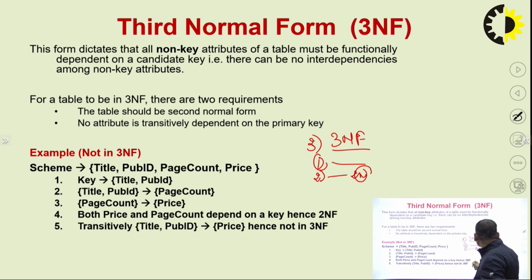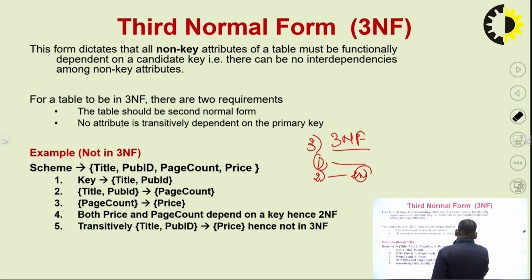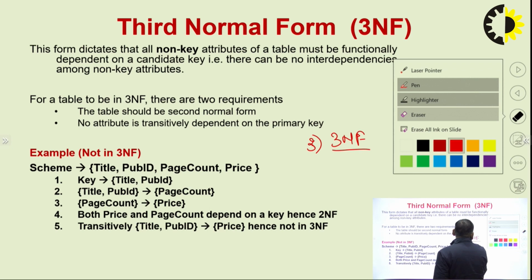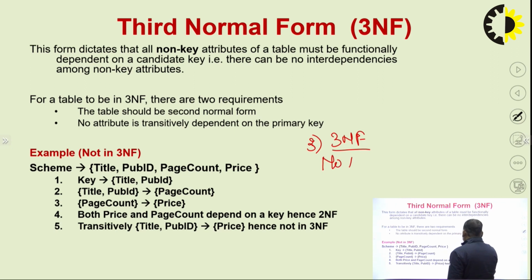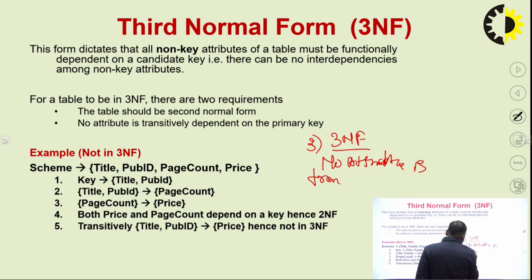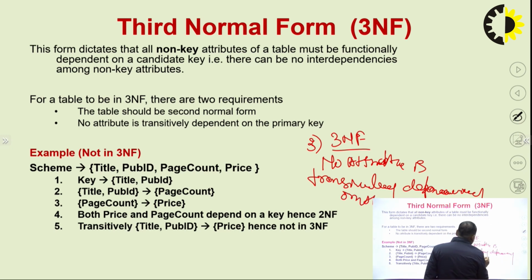First condition is no attribute is a transitive dependency on the primary key.